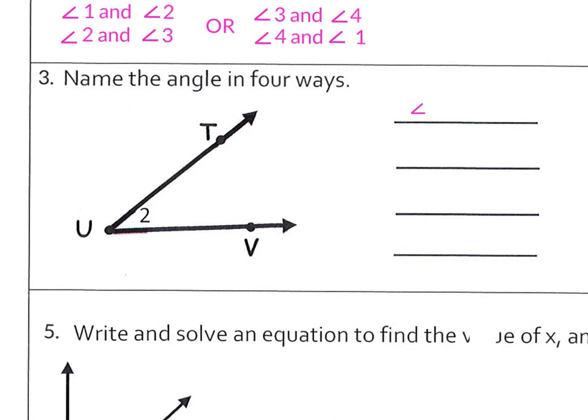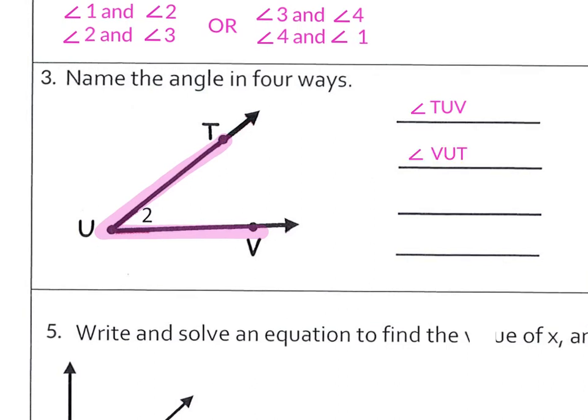So for example, a proper way would be to say, let's start at T, but then I have to go to U to V. Angle TUV would be one proper way to name this angle. Another way where, again, I still want to outline the angle, so another way to do that would be, instead of going from T first, you could start at V first. So you could say angle VUT.